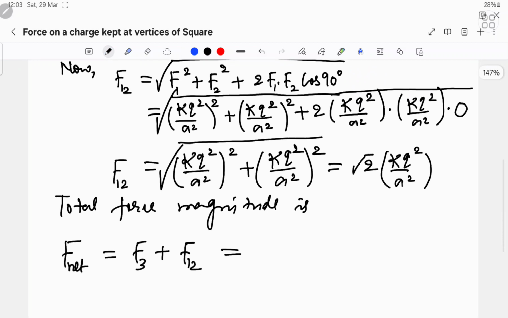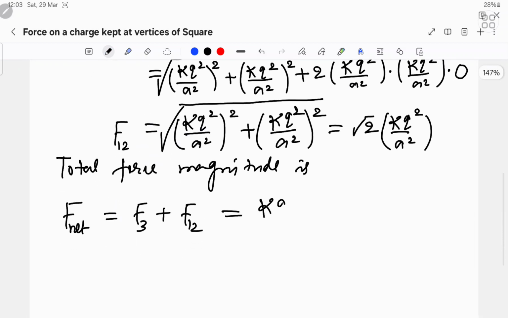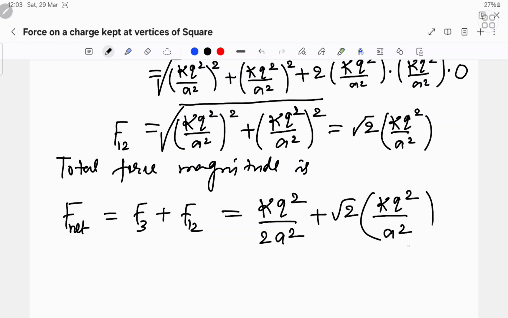So we will write K Q square upon 2 a square. And what is F12? The value of F12 is root 2 K Q square upon a square. So we write it again, root 2 K Q square upon a square. In both terms we have some common terms.